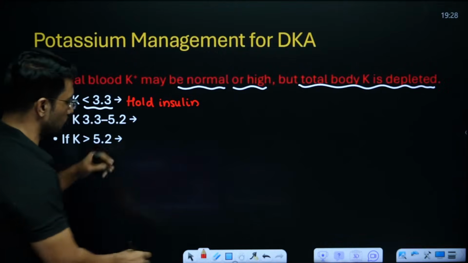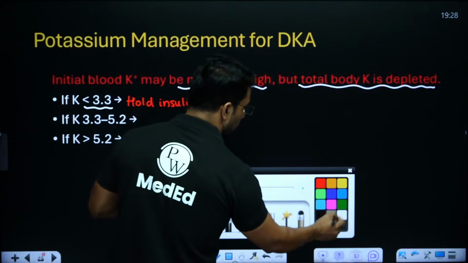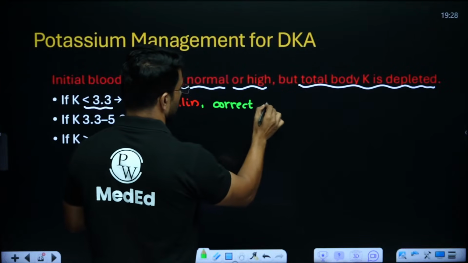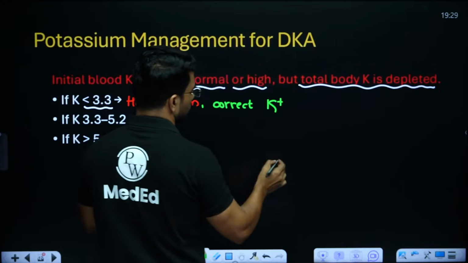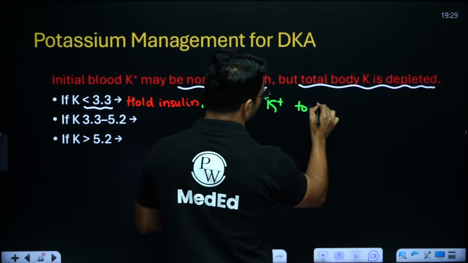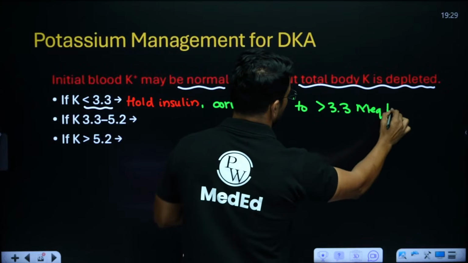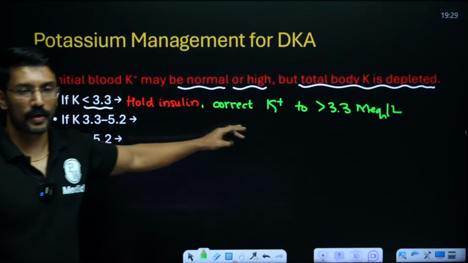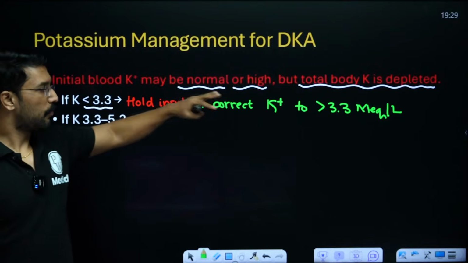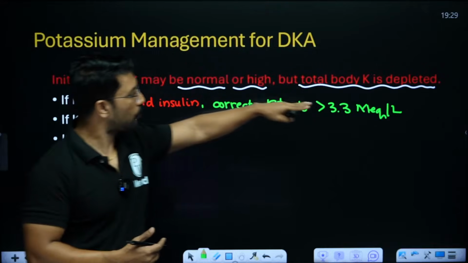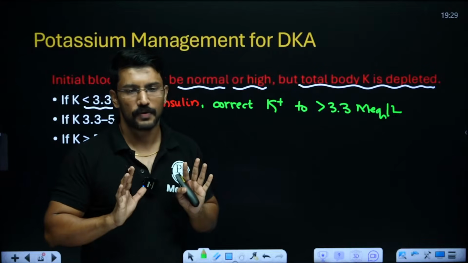So we have to hold insulin and correct this potassium to more than 3.3 milliequivalents per liter. There are formulas to calculate how much the total deficit is. Accordingly, we calculate and give the potassium, and till potassium comes to more than 3.3, do not give insulin.